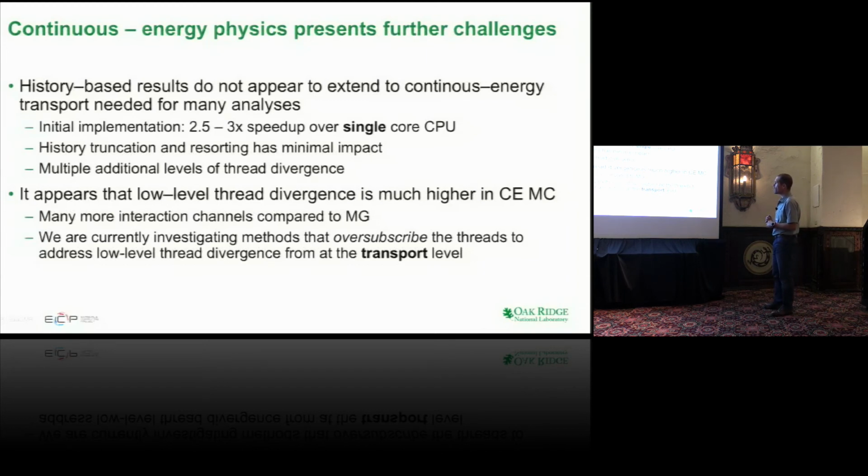In the real physics, the low-level thread divergence is so much higher in continuous energy, with so many more interaction channels, that it percolates up and causes bottlenecks in performance. So we're now looking at oversubscription methods, where we oversubscribe multiple particles to single threads to try to address this. That's where we are now.